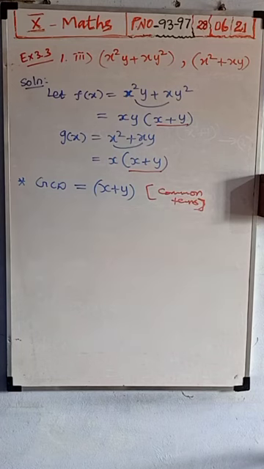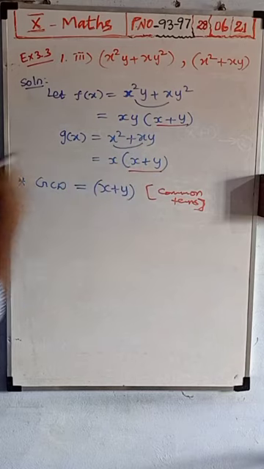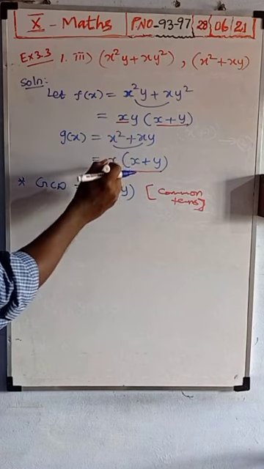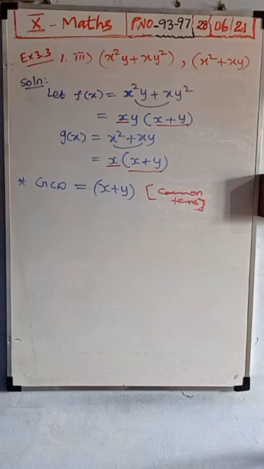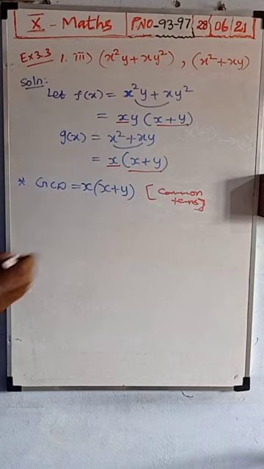GCD we received as x plus y, and here x is also common outside. So the GCD is x of x plus y.